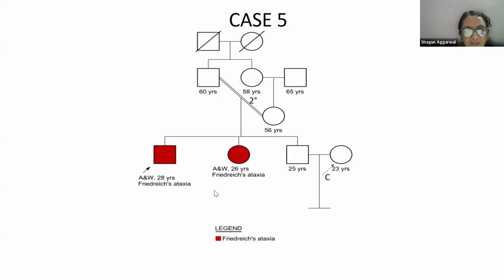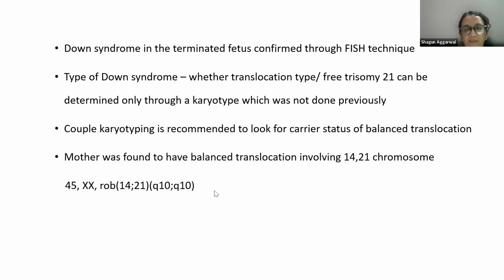So the important message from this case is that very often nowadays we are using microarray for prenatal testing for diagnosis of Down syndrome. Even if a particular pregnancy is diagnosed to have Down syndrome and you have taken a decision for that pregnancy, unless you've done a karyotype for that fetus, you don't really know whether it was a free trisomy 21, as we saw in the first case, or whether it was part of a translocation.